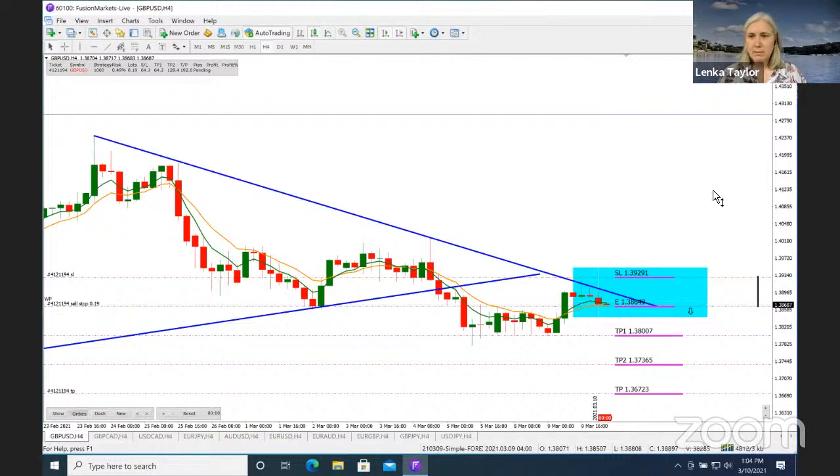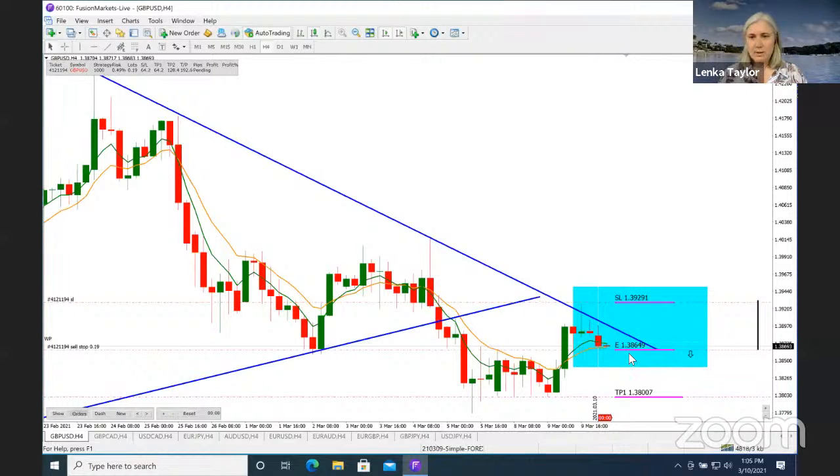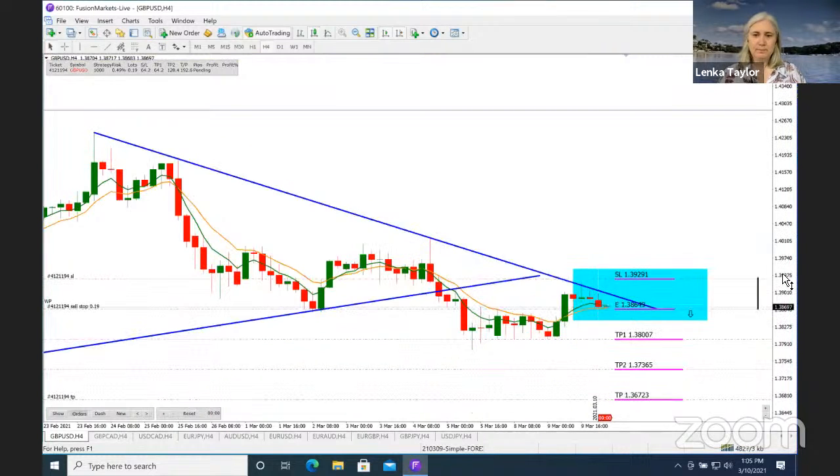So that's a pending order, entry, stop loss, and TP1 there, TP2, TP3. So there you go. All right, that's the trade.